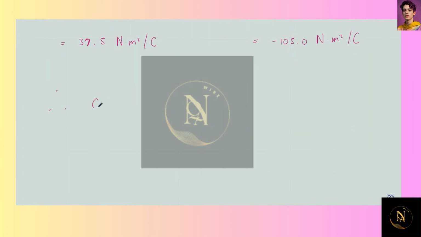Now the net flux, we'll simply call it phi E. So this is electric flux, not magnetic flux rather. So the electric flux is equal to phi E1 plus phi E2. And this is positive 37.5 minus 105.